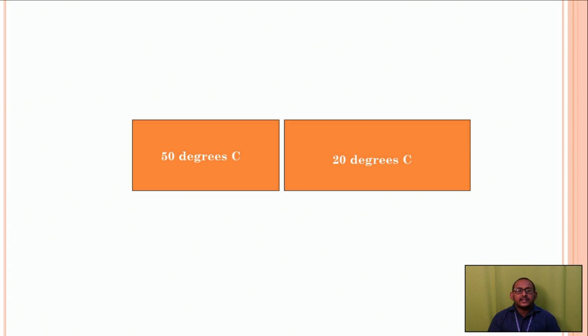The heat will be transferred from the 50 degrees Celsius to the 20 degrees Celsius, because heat is transferred from the high temperature region to the low temperature region. Only from the higher region to the lower region will the transfer happen. Here the 50 degrees Celsius is the hotter region, and from here the heat will be transferred to the 20 degrees Celsius.